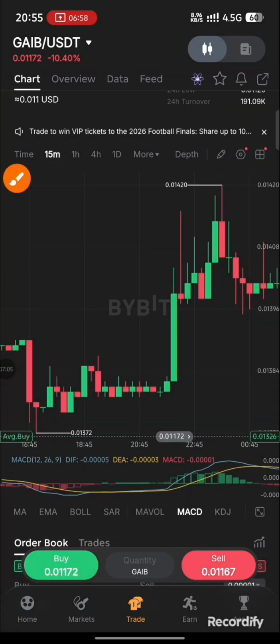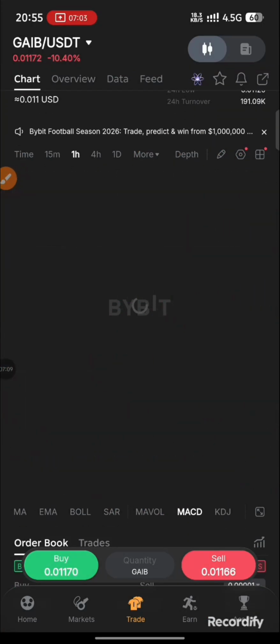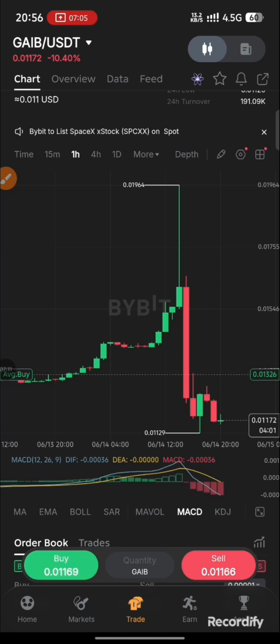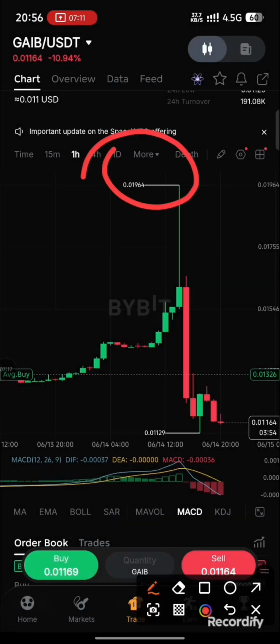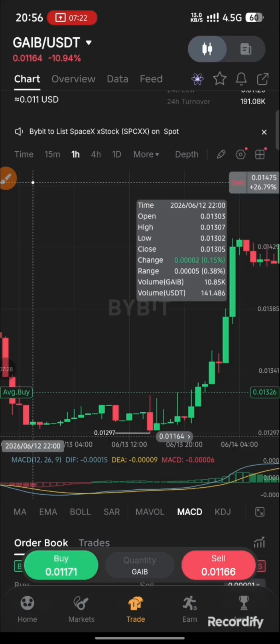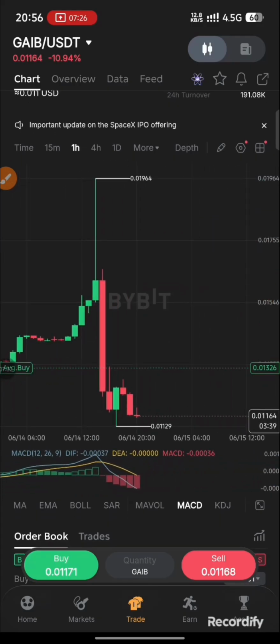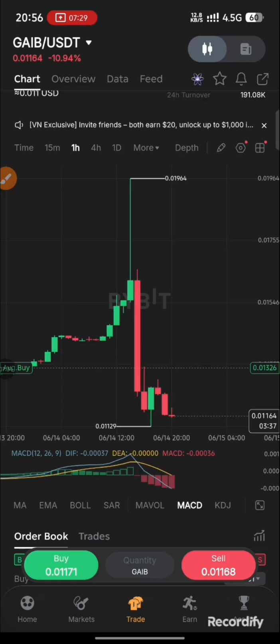Okay, so as you can see, what's the fate of this very trade currently? Let's look at where this particular trade is. Maybe we should check on the 1 hour. All right, this was a pump and dump. It took a movement from 0.129 to 0.19 and took a sharp down movement.